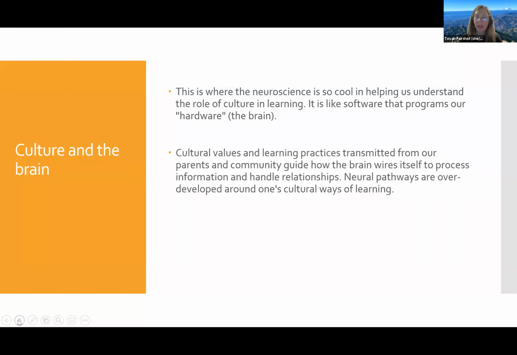Cultural values and learning practices transmitted from our parents and our community actually guide how the brain wires itself to process information and handle relationships. Neural pathways are overdeveloped around one's cultural ways of learning.